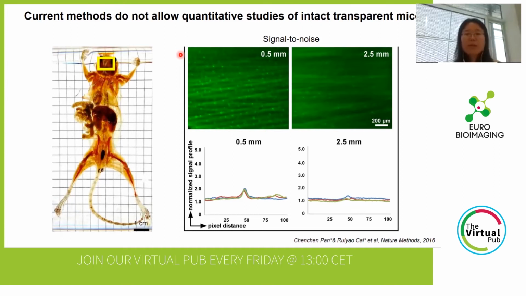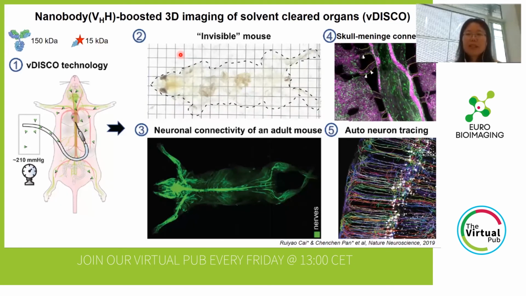To address this problem, we developed this vDISCO technology, which is based on nanobody-boosted 3D imaging of solvent-cleared organs. Here we also introduce a pump system, and we deliver decalcification solutions like EDTA to make the bones soft, and we also perfuse decolorization chemicals to get rid of the remaining blood inside of the bone marrow or the inner organs.